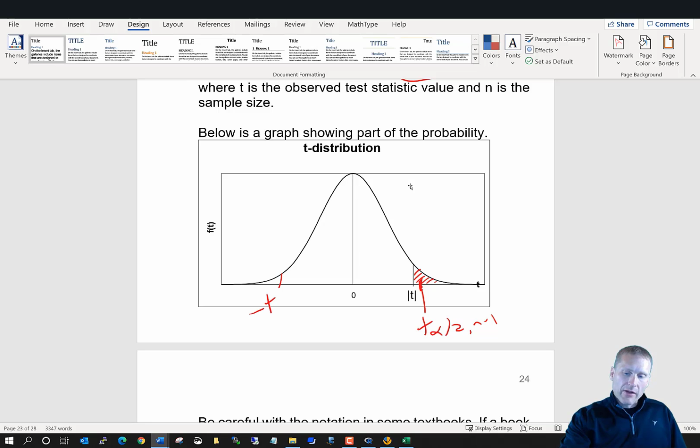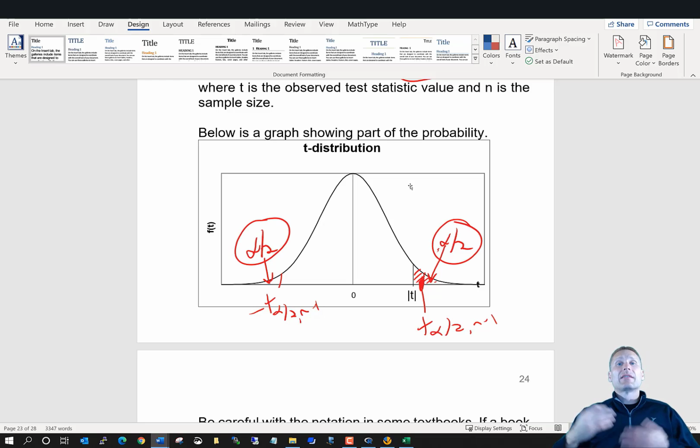I'm finding a value there as well. The area in that tail is alpha divided by 2. Okay? Alpha divided by 2 plus alpha divided by 2 is alpha. So underneath this curve, there's an area of alpha where essentially my test statistic could fall in, where I end up rejecting.